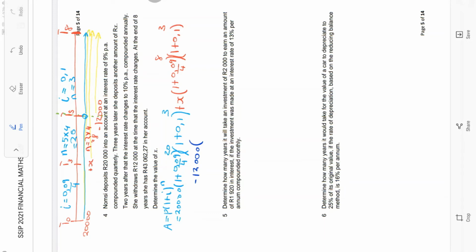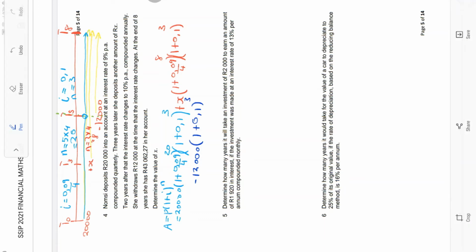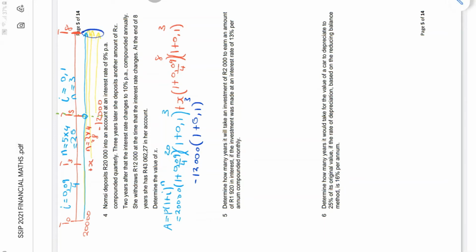So we have to treat the 12,000 together with the interest it would have accumulated as the amount lost from the account. So the 12,000 would have been in the account for the next 3 years, where the interest is 10% per annum compounded annually.